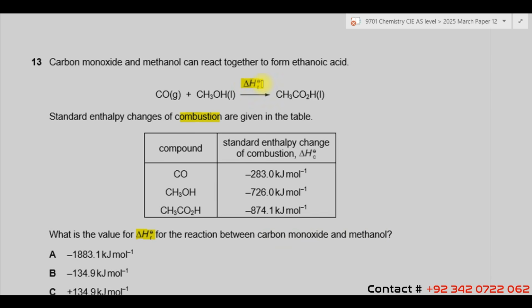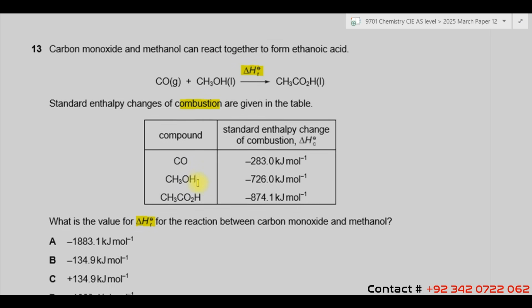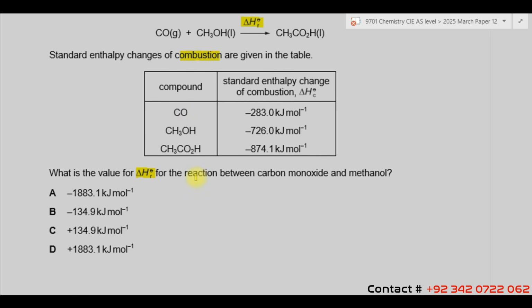Let's find delta HR by using combustion values. Let's write down the given equation: carbon monoxide plus methanol forms ethanoic acid.